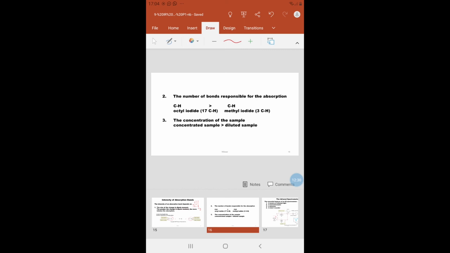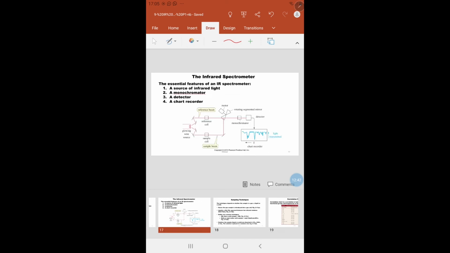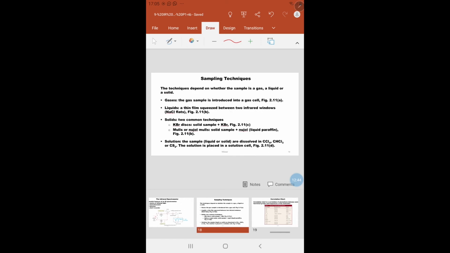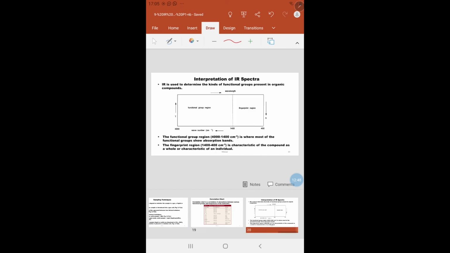The last one is the concentration of the sample. If your sample is very concentrated, the intensity of the peak is very high compared to a diluted sample. The rest is only about the technique of how you run the IR. The most important part is to interpret the IR spectrum, which I will explain in the second part of the IR notes.